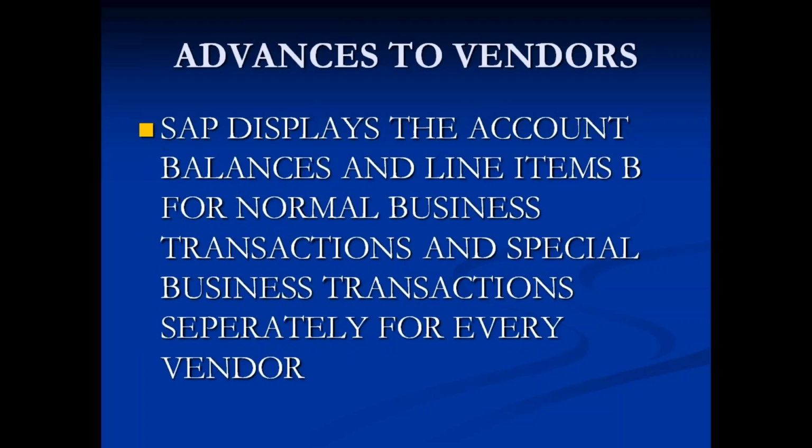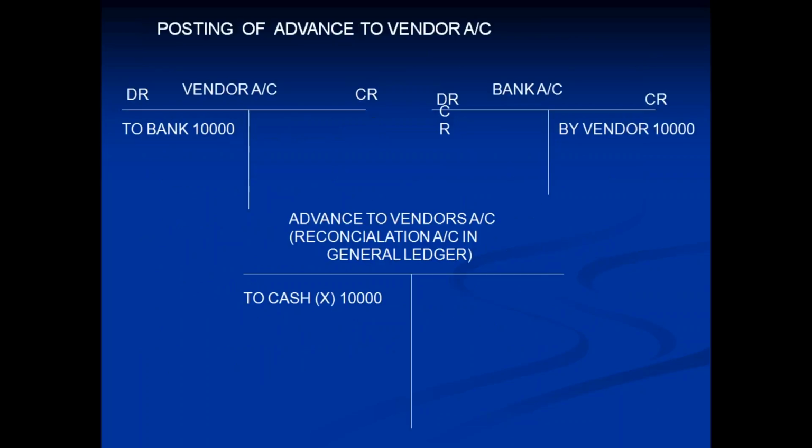Then it says we can see the open line items and the special line items for a single vendor, for a set of vendors, or for all vendors by providing the range. The system will display the line items accordingly.